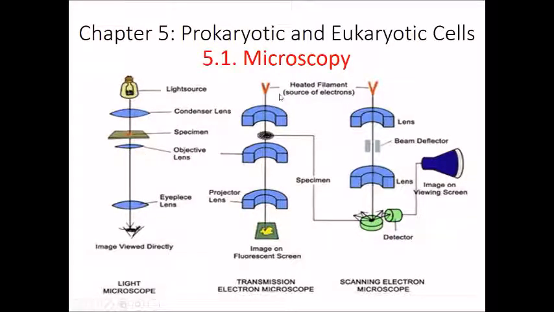Meanwhile, in TEM, they focus the electron beam to pass through the specimen to provide the internal structure image. Meanwhile, for SEM, the electron beam is focused onto the surface of the specimen, so it will provide a 3D image of what the surface of the specimen looks like.